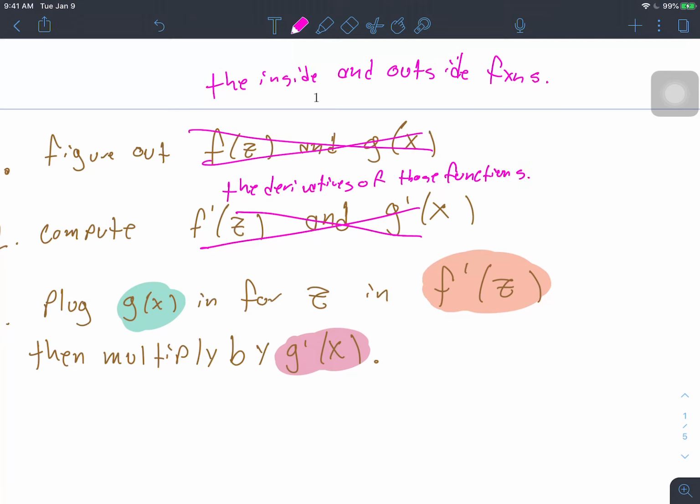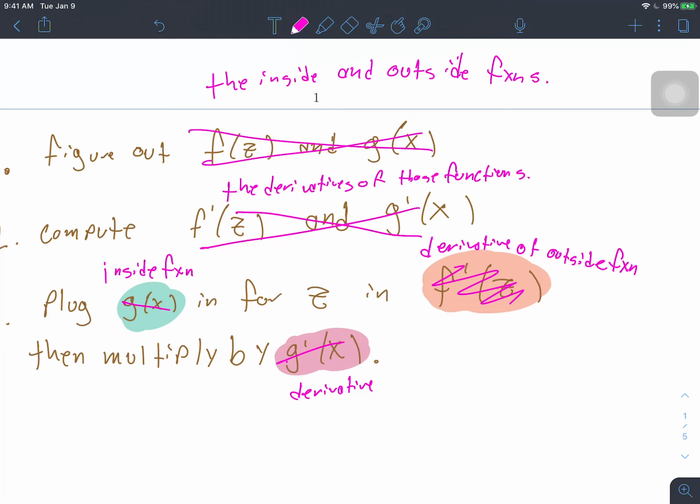And then lastly, we're going to say plug inside in for z in the derivative of the outside function, then multiply by the derivative of inside function.